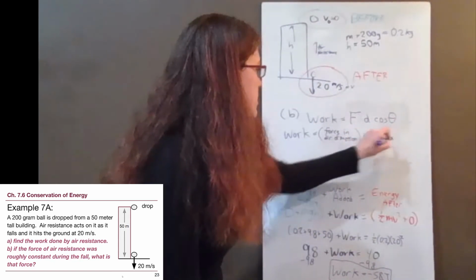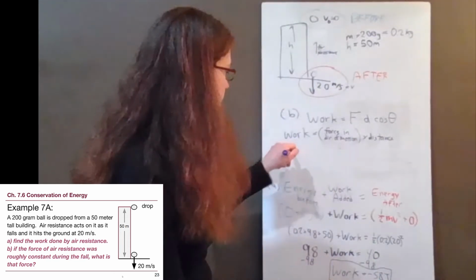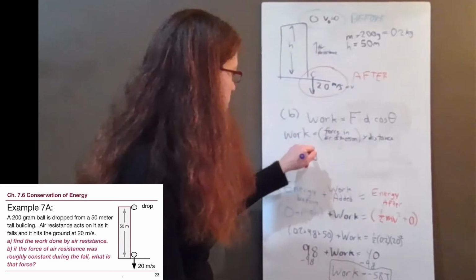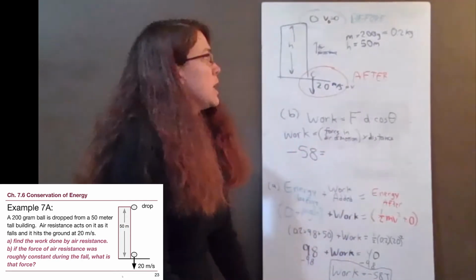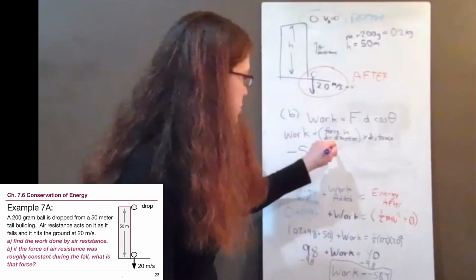Now, that work term is going to be negative 58. The force that we're looking for is our unknown, so we can just write F.